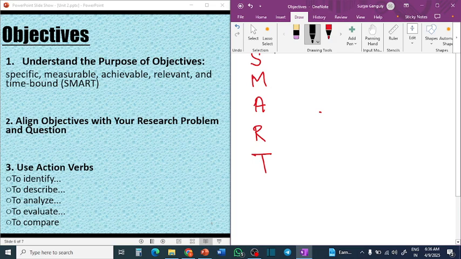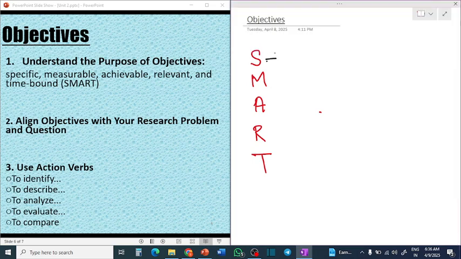The letter S stands for specific. So what are we doing? We are seeing that the tigers population is decreasing.